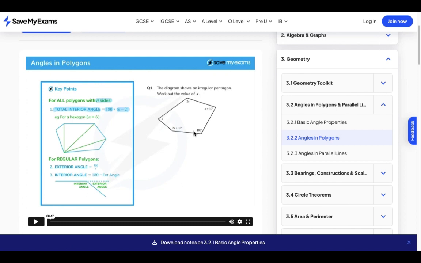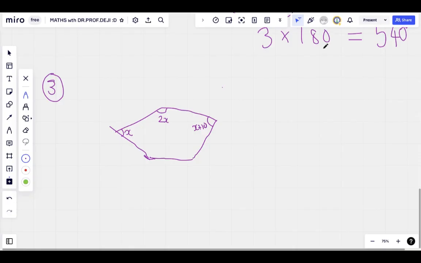And then this place we have 100, and then 2x plus 10, right? So here we have 100, and here we have 2x plus 10.